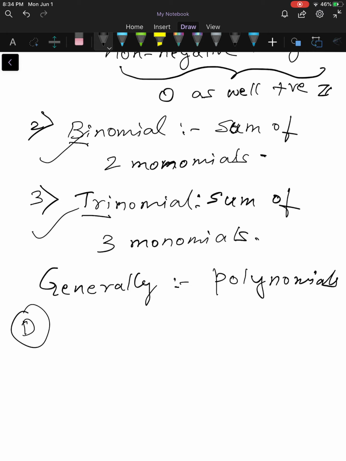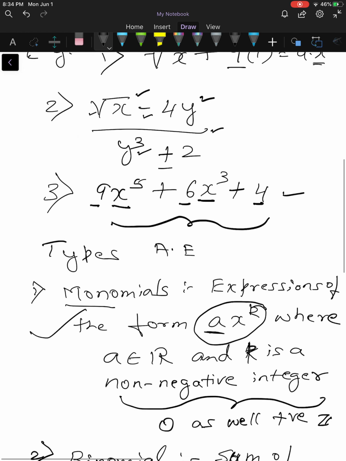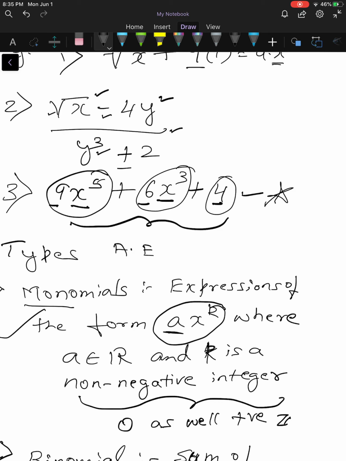Before that, we can observe here, this is a trinomial because you are adding 3 monomials, so that will be a trinomial.